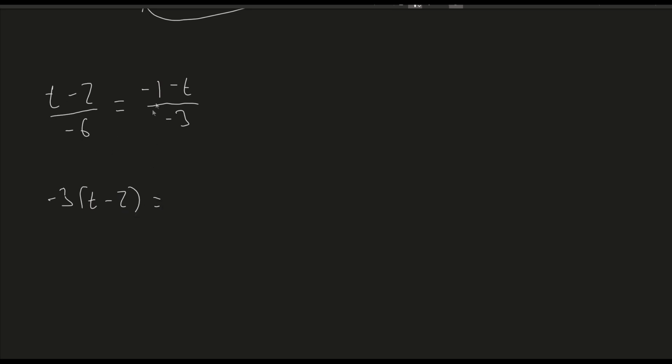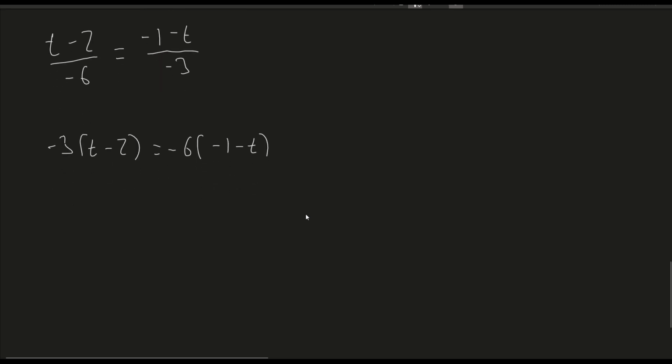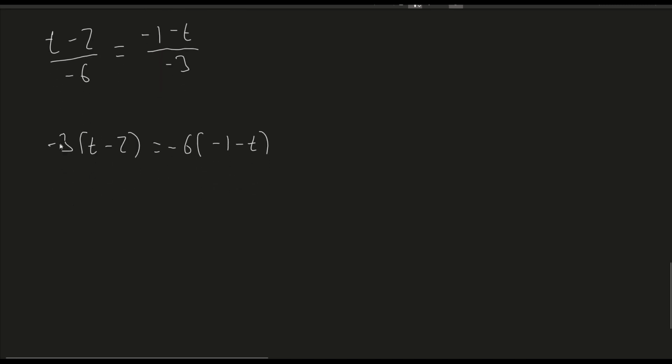Then this minus 6 will move over here, and we'll have minus 6 bracket minus 1 minus t. Again, if you're really not sure about this kind of stuff, I recommend going back to some National 5 videos and solving equations. But anyway, so multiplying this out, we're going to have minus 3t plus 6 equals 6 plus 6t, if you multiply these out.